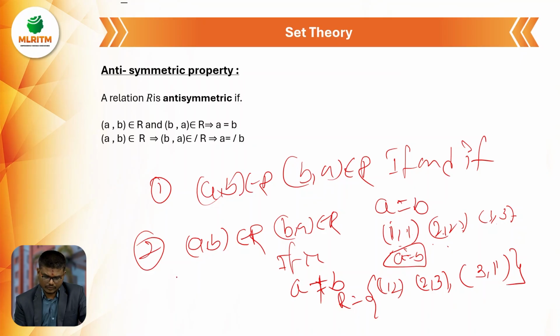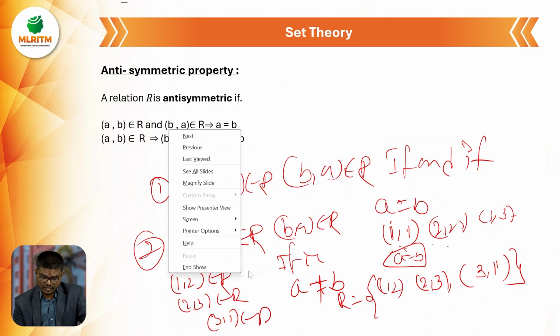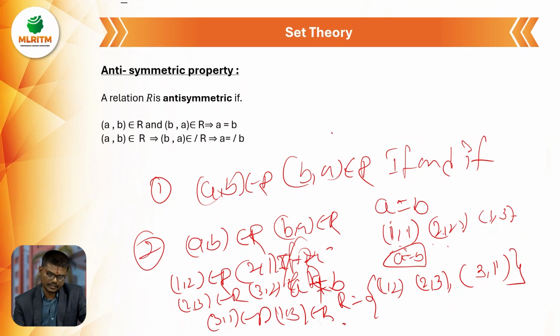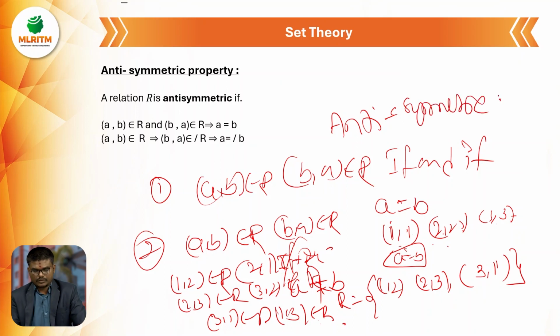So here (1, 2) belongs to R, (2, 3) belongs to R and (3, 1) belongs to R. Here (2, 1) does not belong to R, (3, 2) does not belong to R and (1, 3) does not belong to R. So it is also satisfying the antisymmetric property. So this is all about the antisymmetric property.